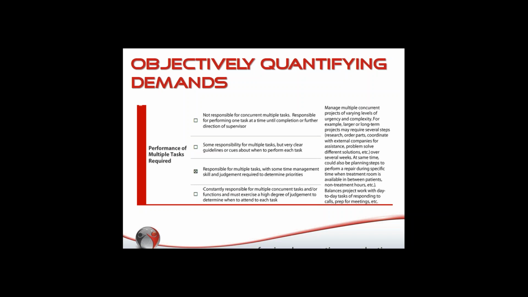They must exercise a high degree of judgment to determine when to attend to each task. They may be pulled off one task to get to another because they've decided it requires higher priority. So that's an example of how we use that information. That's where your level of complexity comes into play.